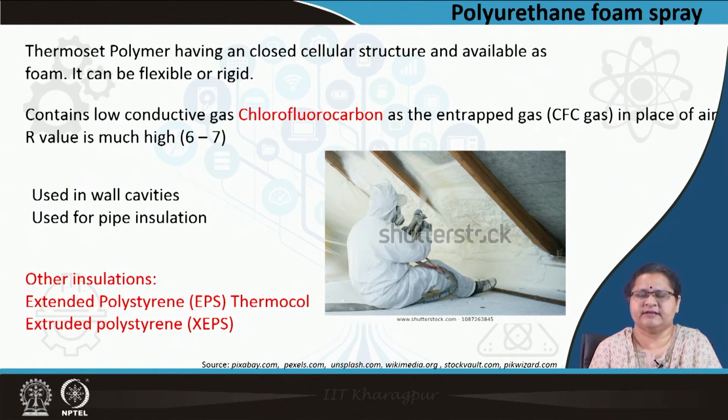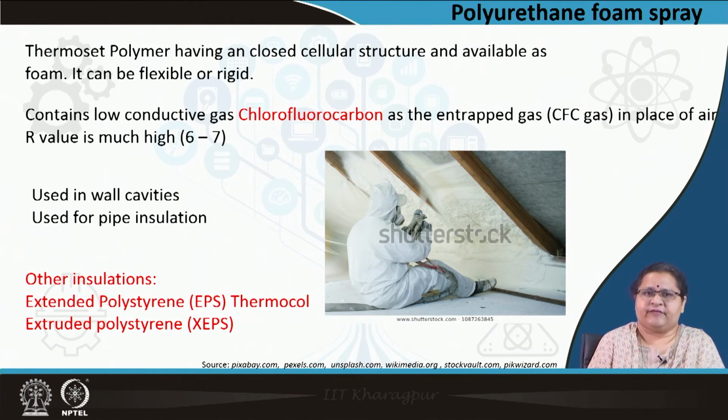It may be flexible, it may be rigid, but because of a different gas being entrapped, it has a different R value much higher than that of the conventional insulating materials. So, we need to know where we are going to apply it. If it is a very cold country, you have to go for such kind of foam spray, because it will finally help in reducing the further energy consumption.